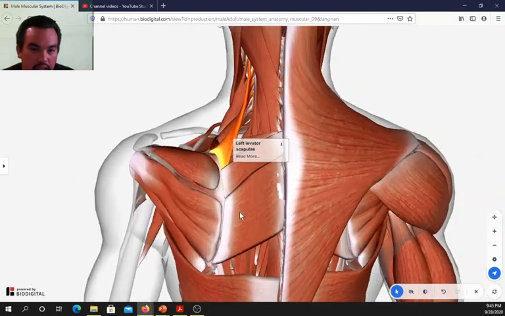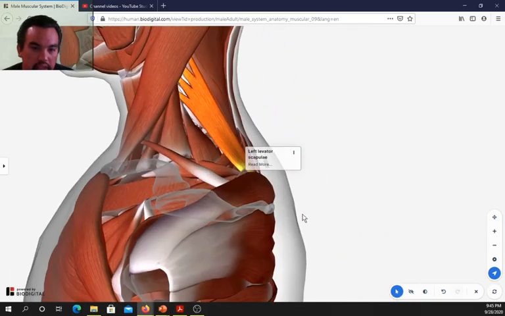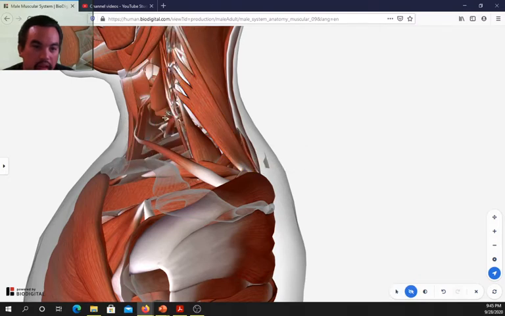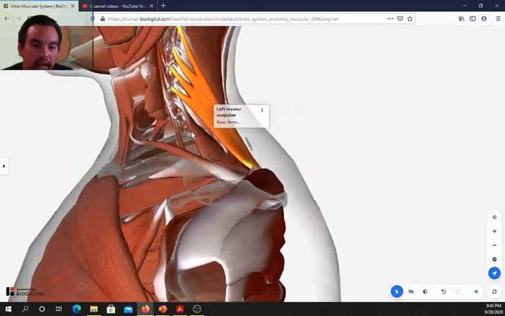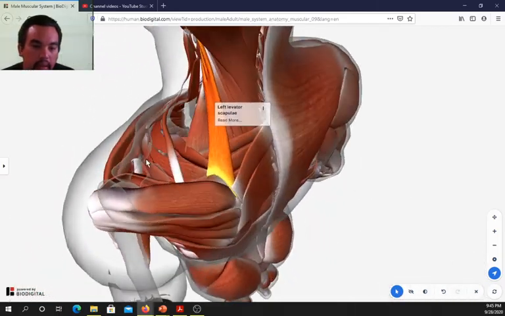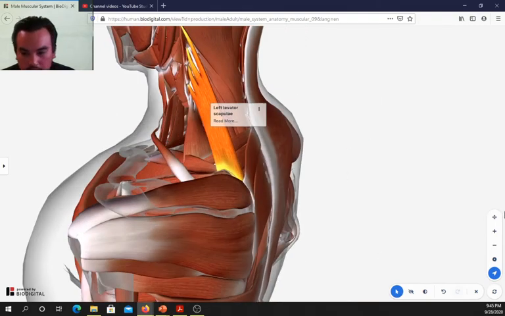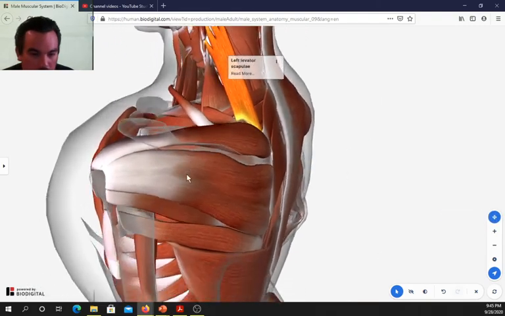You see that line of pull there, how it kind of twists and how it attaches to, let me hide that. How it attaches to our C-spine in there. Okay, let me see here if I can move this.